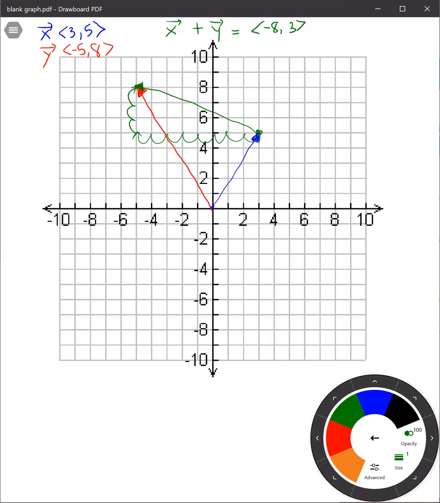If you want to do it algebraically, remember yesterday we talked about how we find the component form of the resultant vector. So this negative 8 comes from negative 5 minus 3.